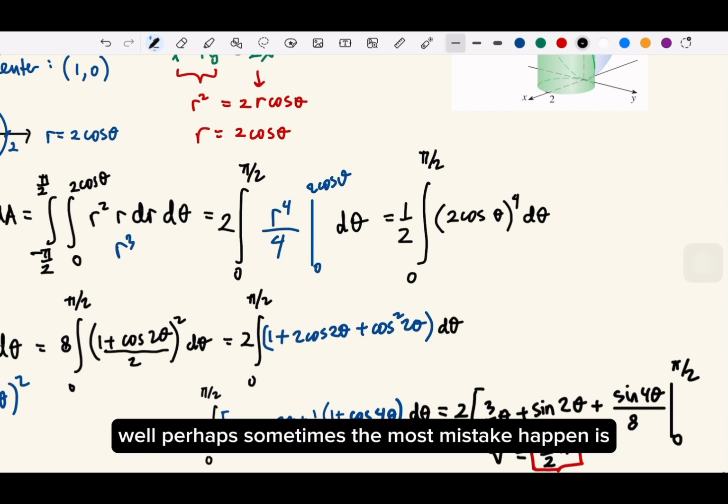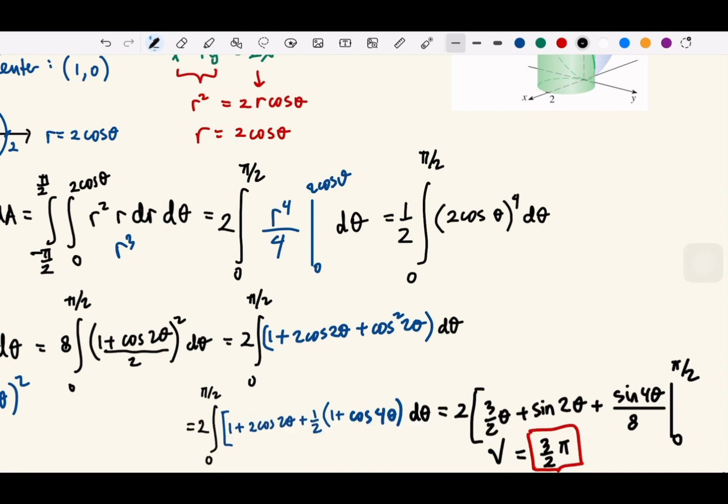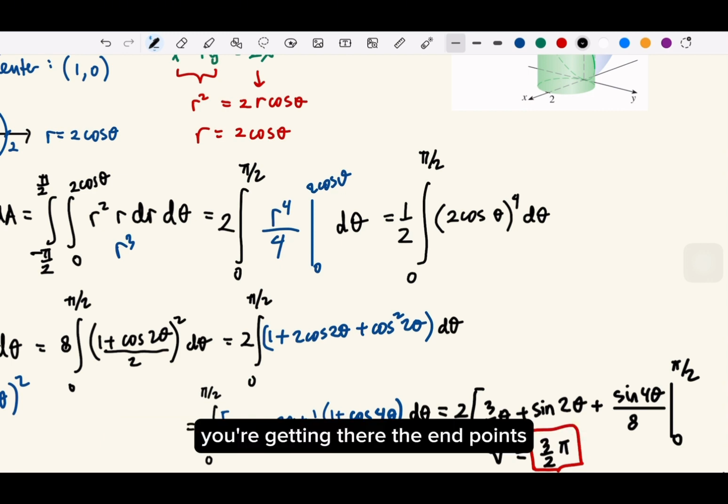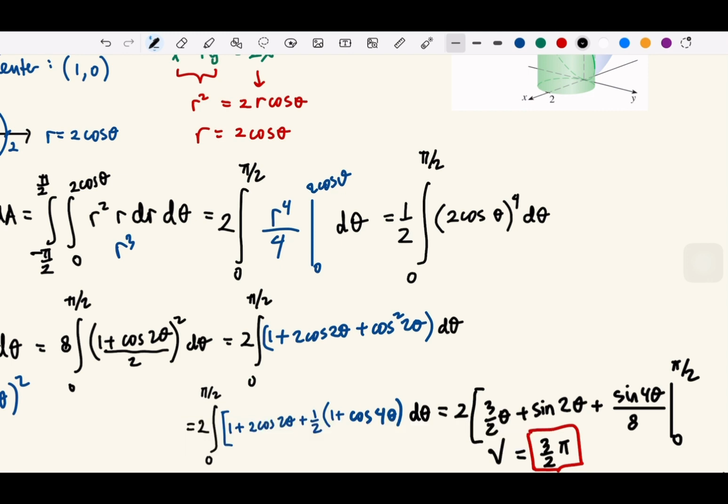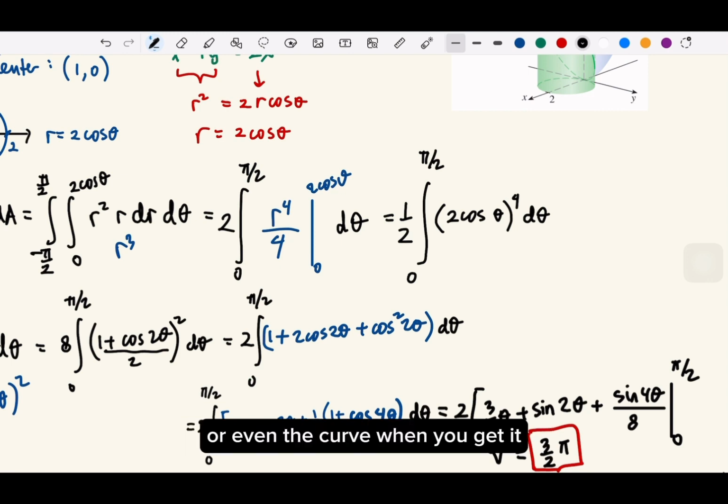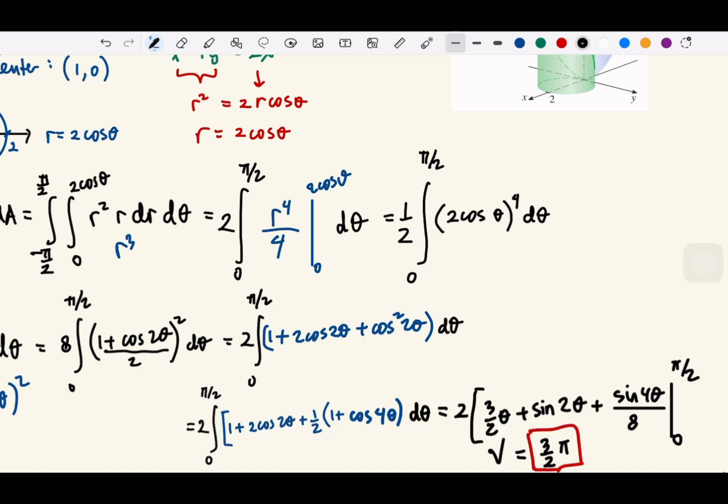Perhaps the most common mistake is that you get the endpoints but maybe a little bit different on the angle, or even the curve. Maybe you don't get the correct curve, or you get it right, but somehow in the middle it will be a very different calculation.